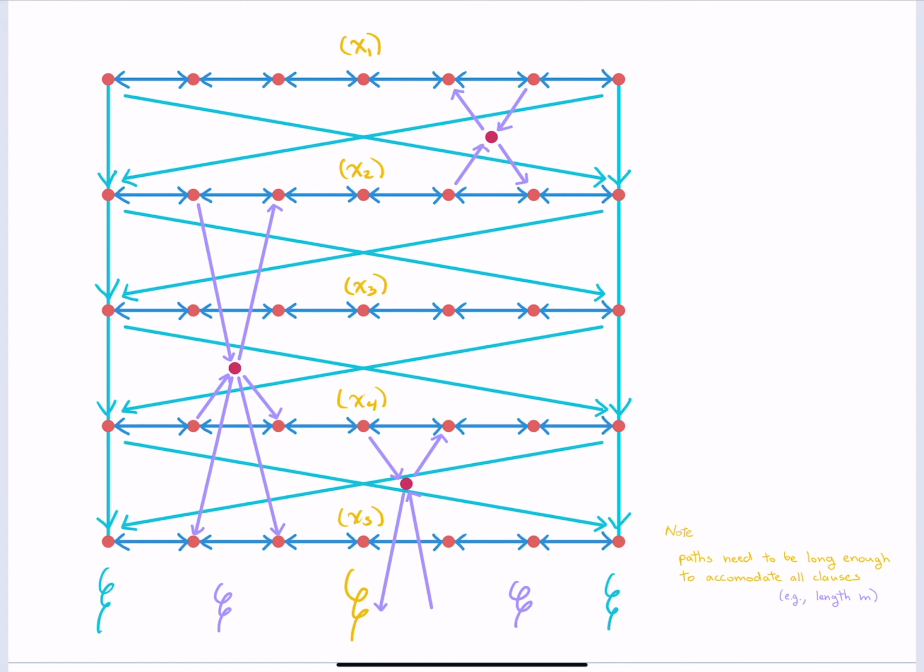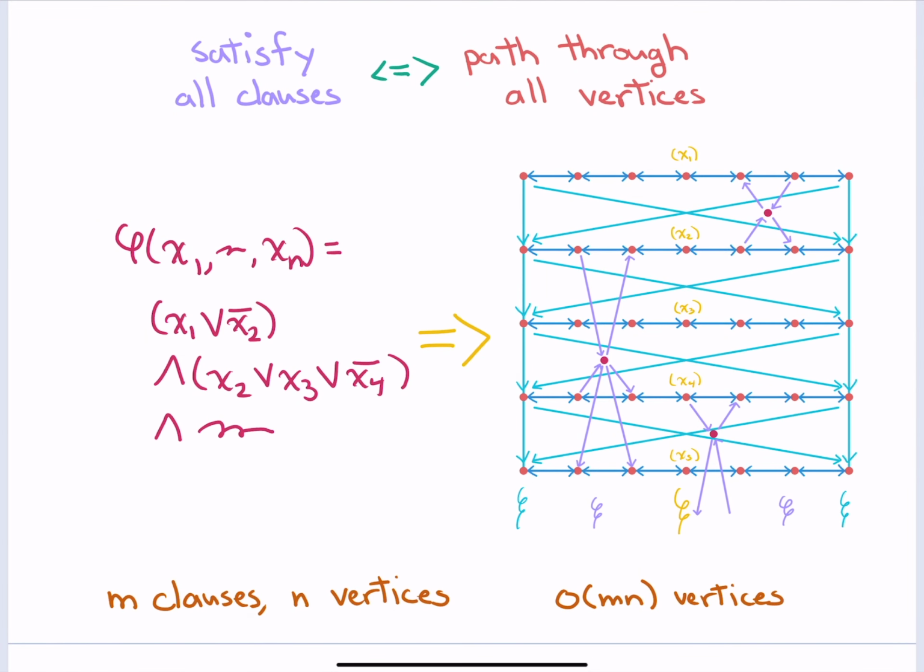Maybe you have a clause with 3 variables, so you have more of these edges, and you just put the whole thing together. And then ultimately, you can satisfy the clause only if you find some kind of snaking pattern that allows you to detour and visit each of the clauses along the way.